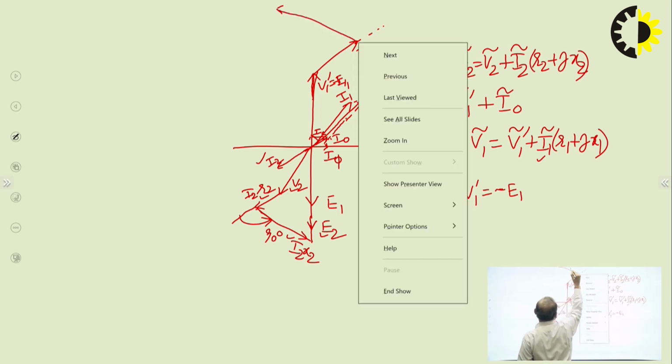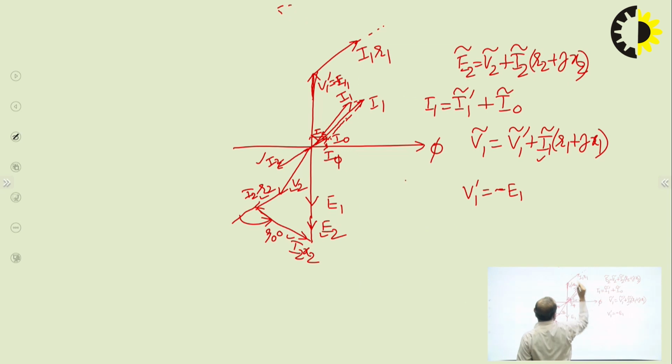So this is I1X1. This angle is 90 degrees, since I1X1 leads I1 or I1R1 by 90 degrees, since I1R1 and I1 are in the same phase.